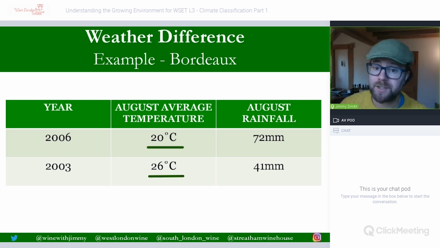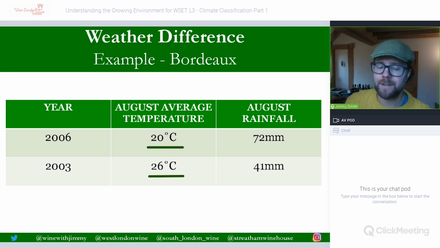So you'll see in 2006, it was wetter, 72 millimeters per August, and then 41 in 2003, which is quite dry. And in fact, there was a storm in August, which rained most of that. So in fact, most of August remained exceptionally dry, and if not, drought-like conditions were in place in August 2003. So quite significant difference there between the August rainfalls and the temperature, and that's a big thing.